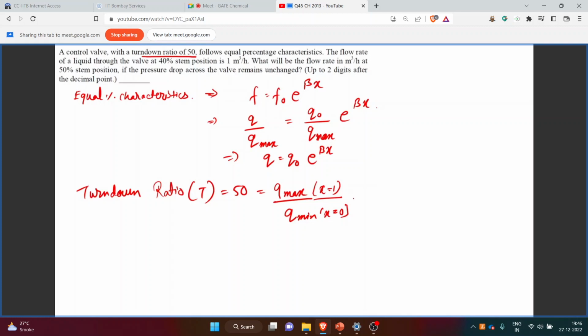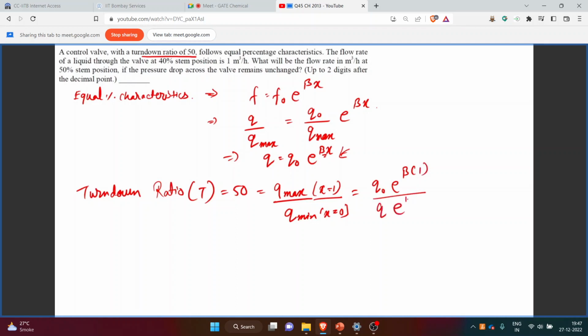So we can replace the value of x in this equation and find the value of the constant beta using that. For finding the maximum flow, let us put x equal to 1 in this equation, so it will become Q naught e raised to beta 1.